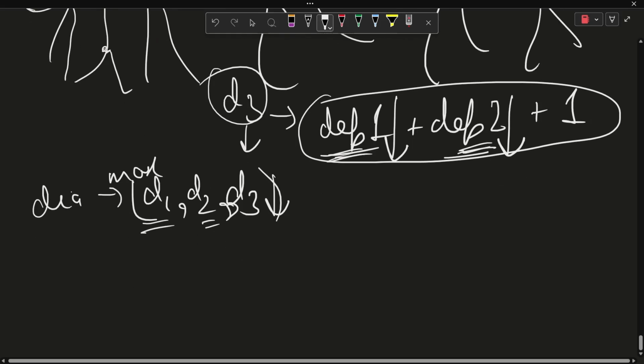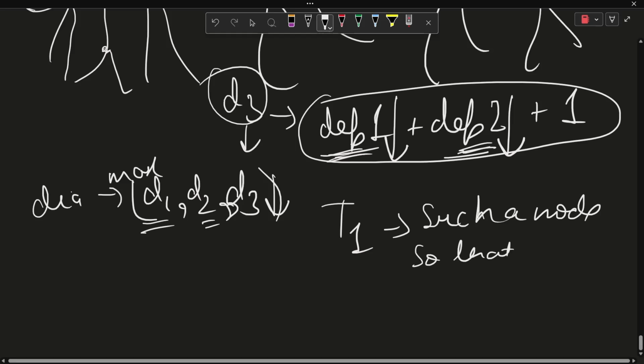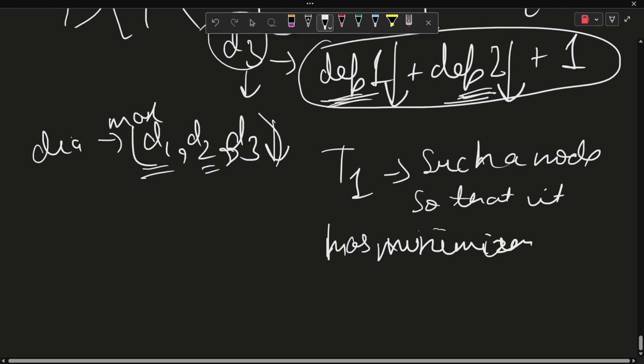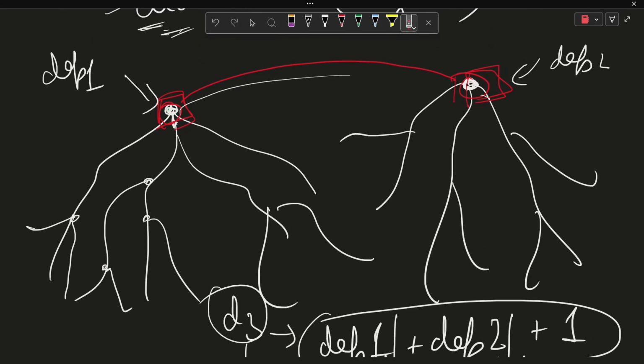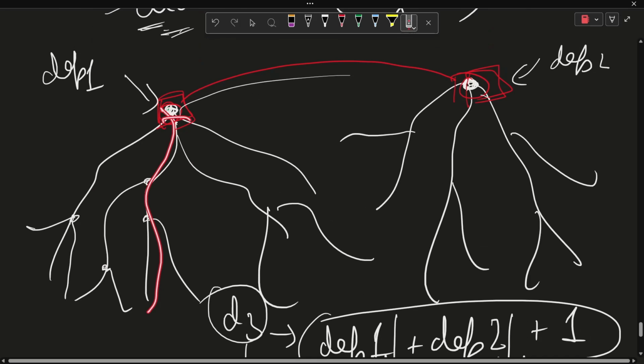So basically you have to find, for the first tree, such a node so that it has minimum, you need to minimize, what do you minimize? Minimum max depth, you can say, because this is not just depth 1, this is the maximum depth 1. For the diameter you will consider the maximum depth always.